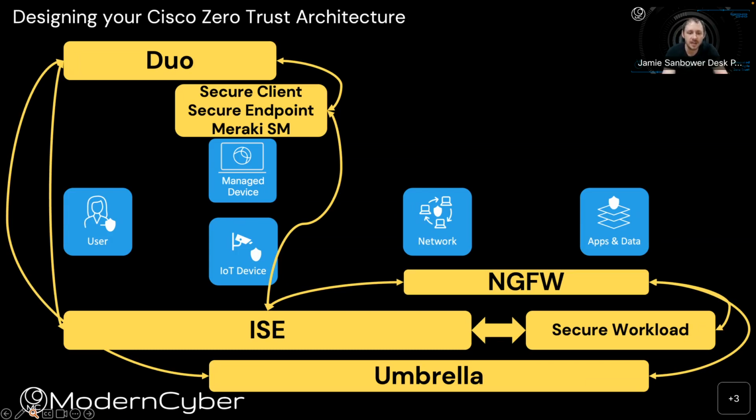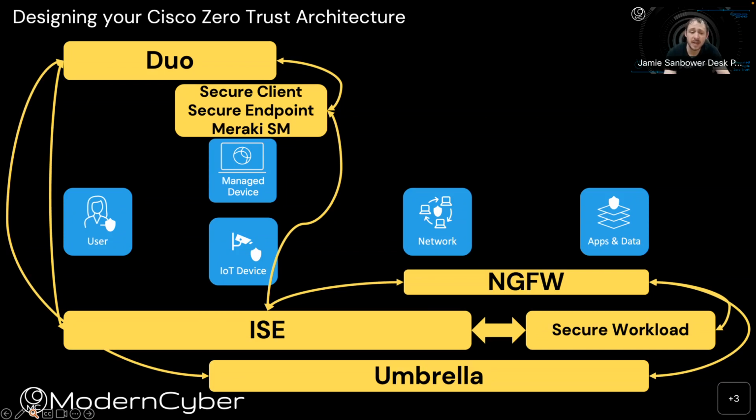And to kick things off, the big line you see at the bottom is integrating ICE, which has our user device posture context for wired, wireless, and VPN sessions, with Cisco Secure Workload, which has context around workloads that might be in private cloud, public cloud, or even applications that exist in a third-party cloud.